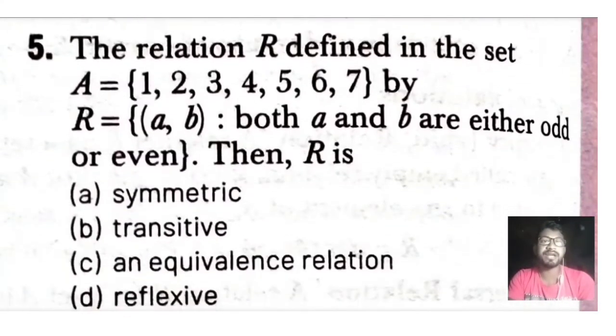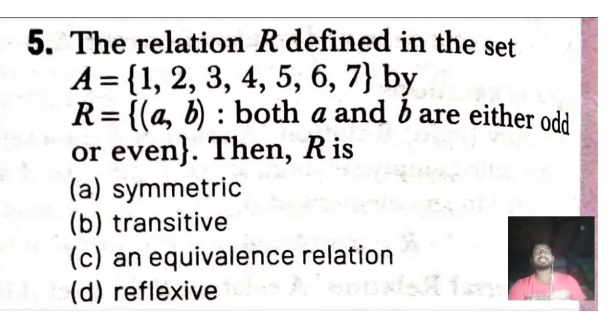Here is question number 5. The relation R defined in the set A = {1, 2, 3, 4, 5, 6, 7} by R = {(a, b): both a and b are either odd or even}. Then R is.